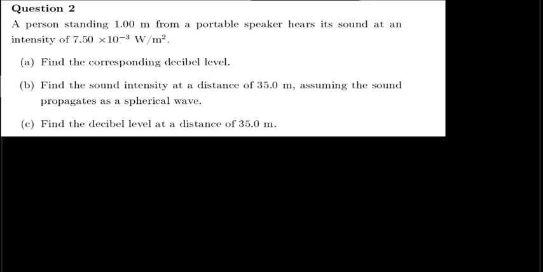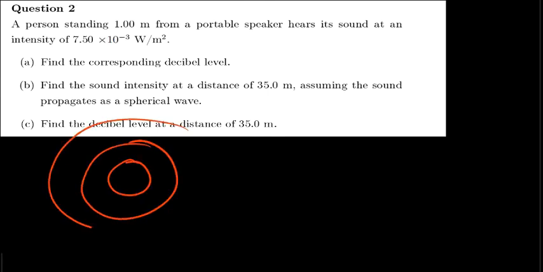So what do we mean when we say spherical wave? Let me just give you the basic idea behind a spherical wave. If you are standing here, this is a person, or maybe the source of the sound is coming from here.